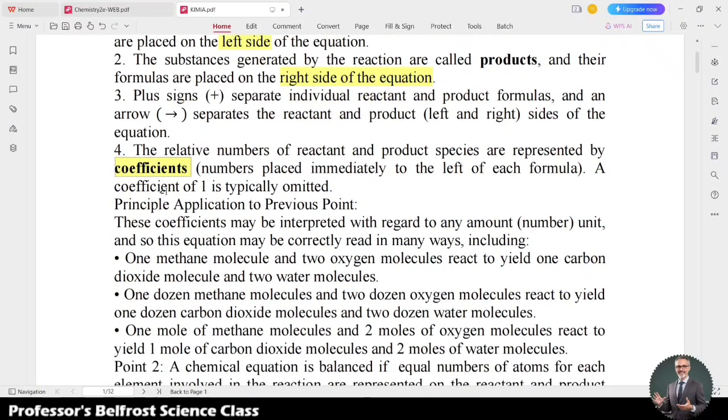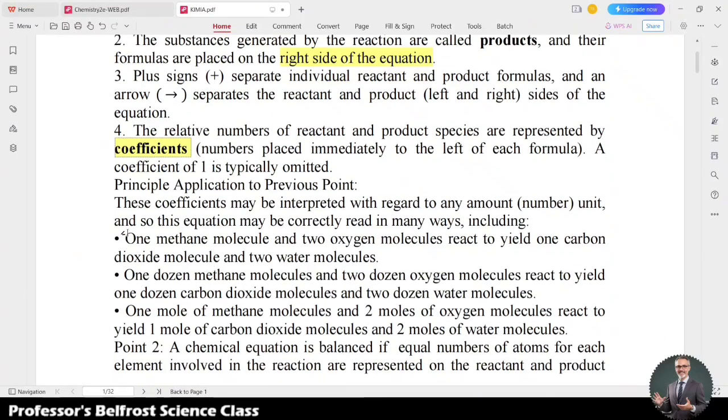The coefficients may be interpreted with regard to any amount or number unit, so this equation may be correctly read in many ways. The first is that one methane molecule and two oxygen molecules react to yield one carbon dioxide molecule and two water molecules.